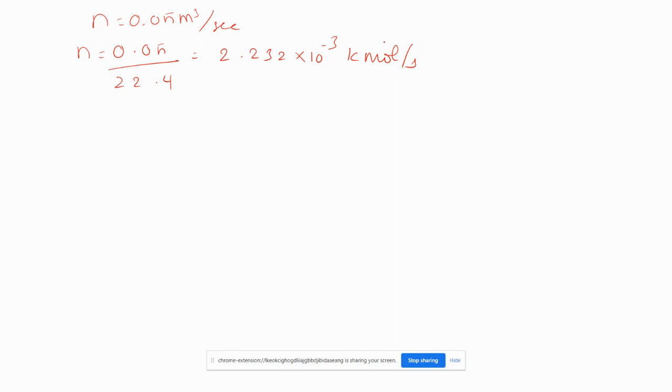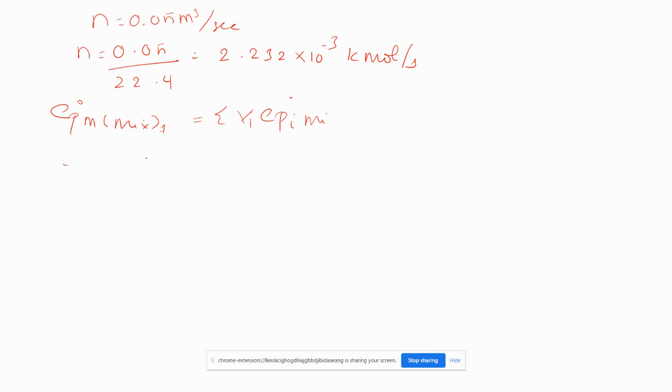Now first we have to find the Cp naught M of mix 1, that is sigma xi Cpi naught Mi.